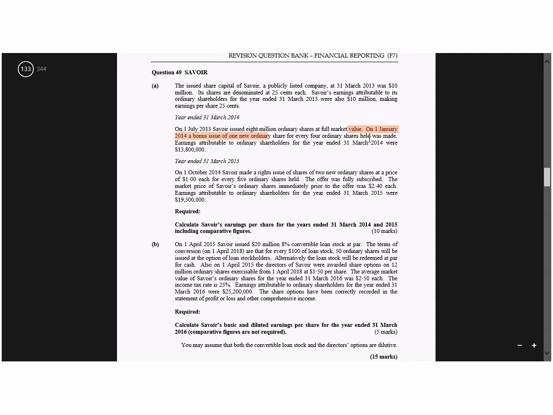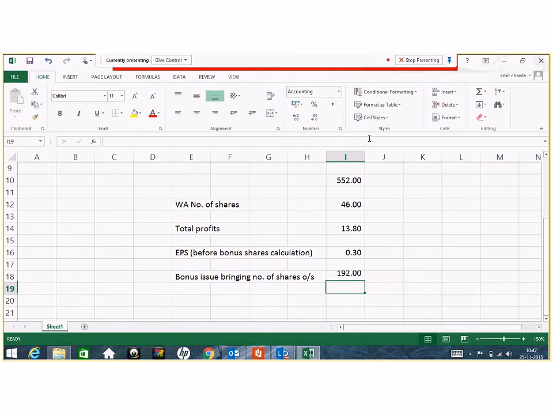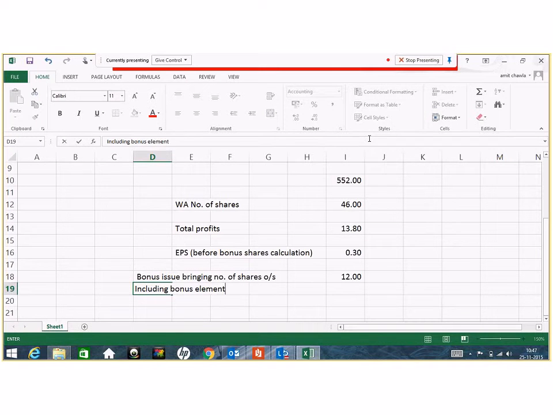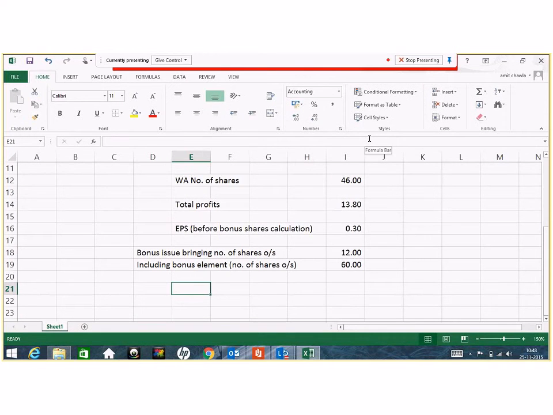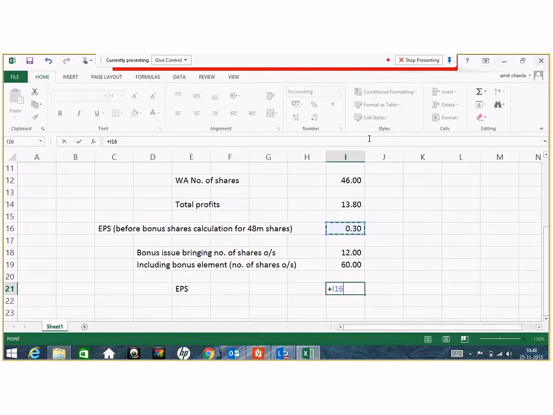As of now, at this stage on 1st of January 14, we have 48 million shares, which means that this is the additional shares, so including bonus element, number of shares outstanding are 12 plus the original 48, which is 60, which means that now my EPS, which earlier was calculated for 48 million shares, now should be calculated for 60 million shares, which means that it should further get reduced or adjusted for 60 million shares.